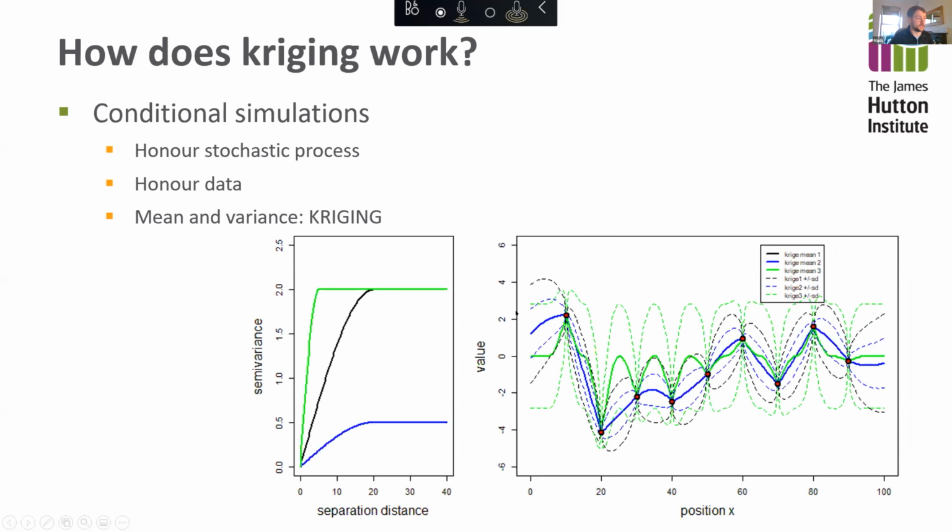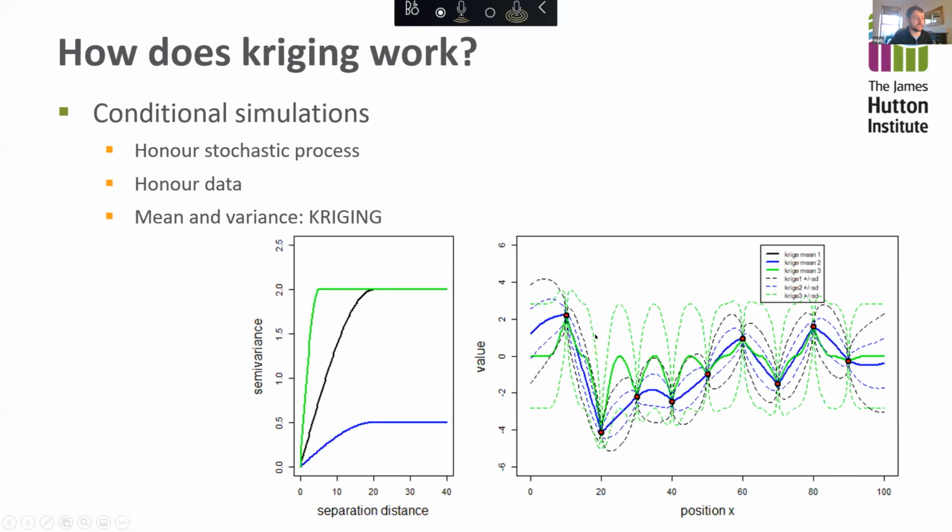Okay, so here I tried to show the difference in the kriged values if we use three different variograms. What we see is that the black and the blue have the same range parameter but different sill, and we can see the interpolated value is exactly the same.